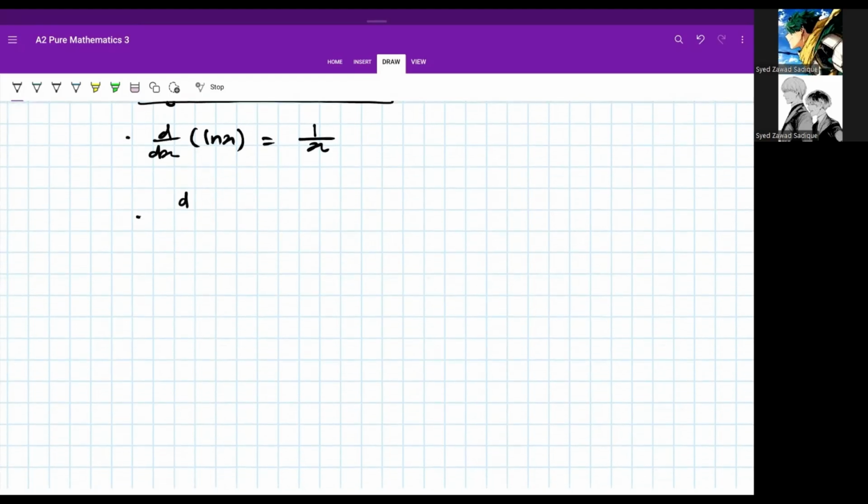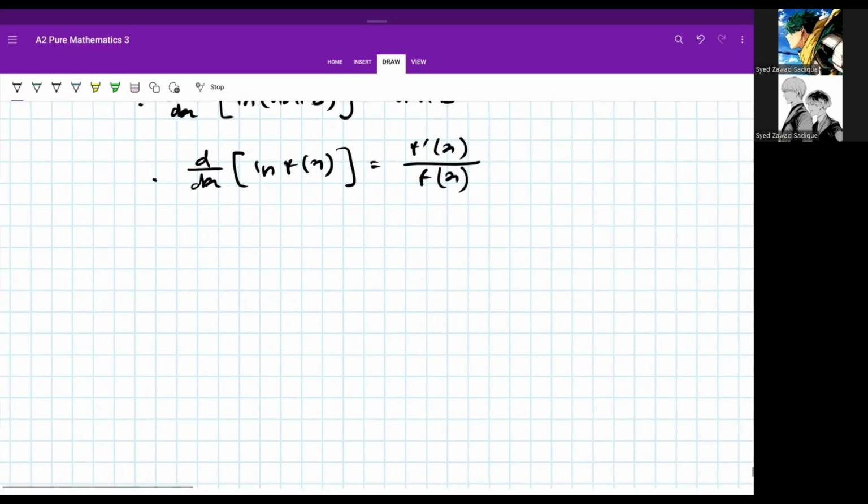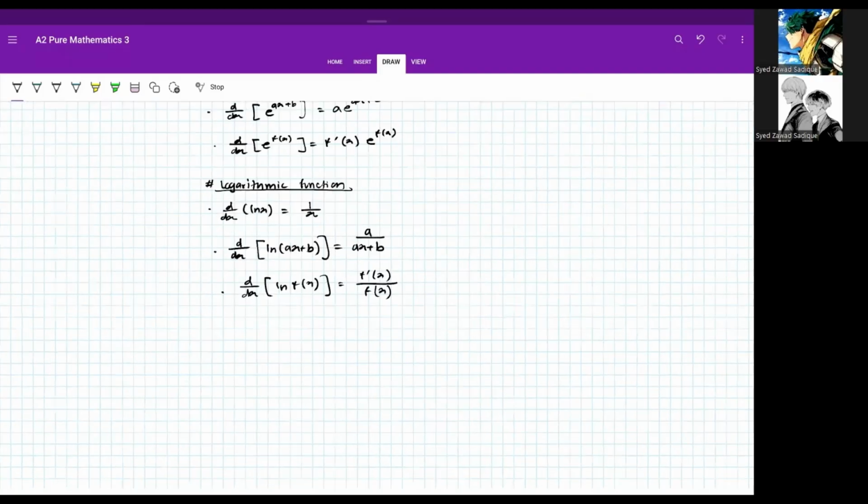Then d by dx of ln(ax plus b) is a by ax plus b, and differentiation of ln f(x) is f prime x by f(x). Okay. Right.